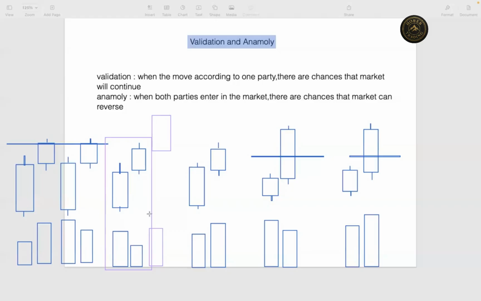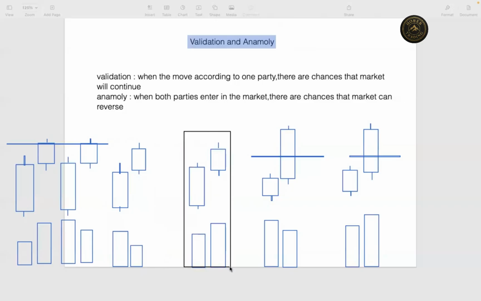So this is the way you should interpret price. And here we have a big candle with small volume. The small candle has a big volume. So it's clear that it's not normal, because volume should increase according to the size of the candle.